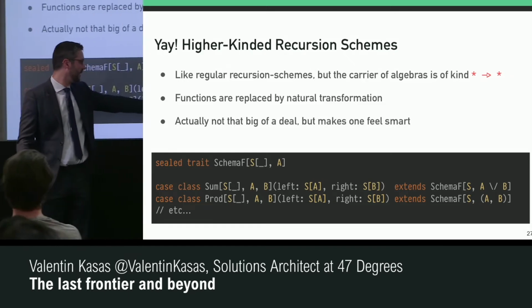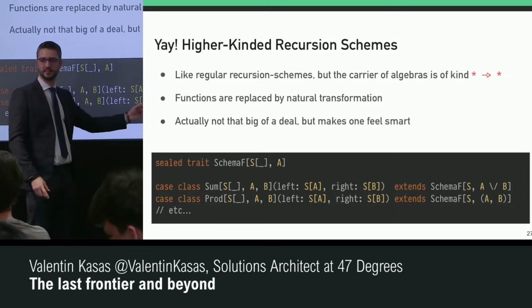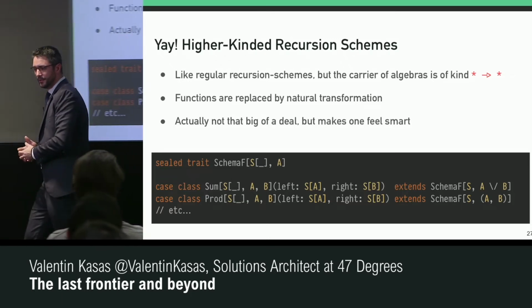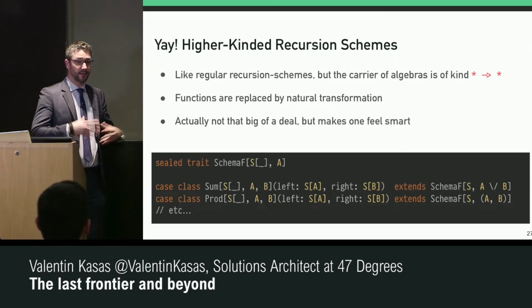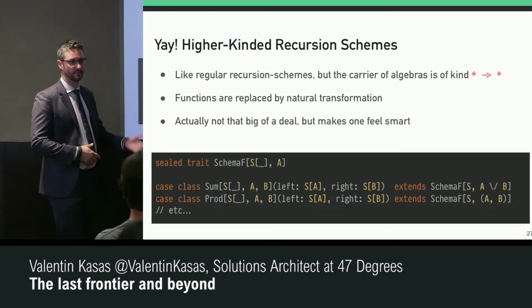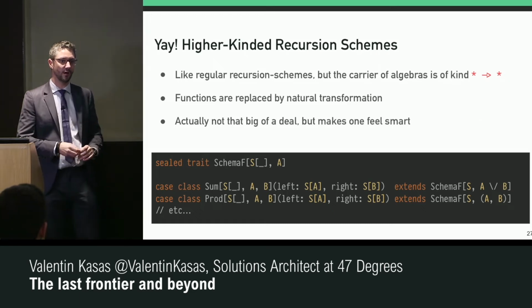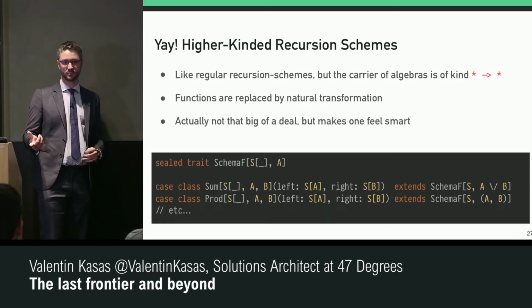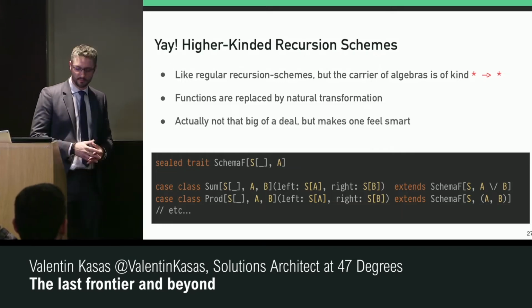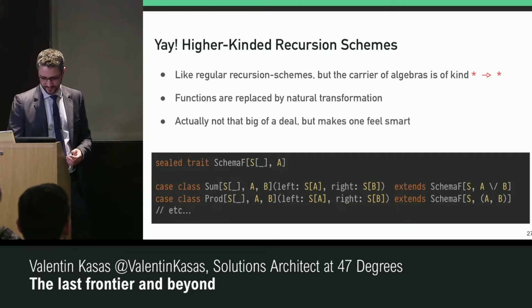What's important here is the A and the B. And that's why we need to go one kind higher, because we need to know that the left represents an A and the right represents a B. Otherwise it's almost exactly the same as typical recursion schemes like you have in Matryoshka or Droste, except that the functions are replaced by natural transformations. But you get used to it, and once you get used to it, you feel very smart. But it's really not a big deal.